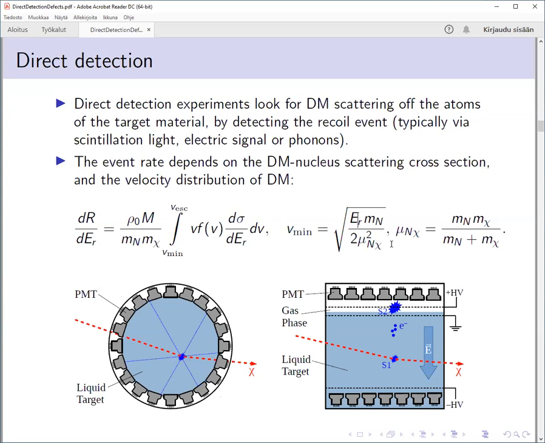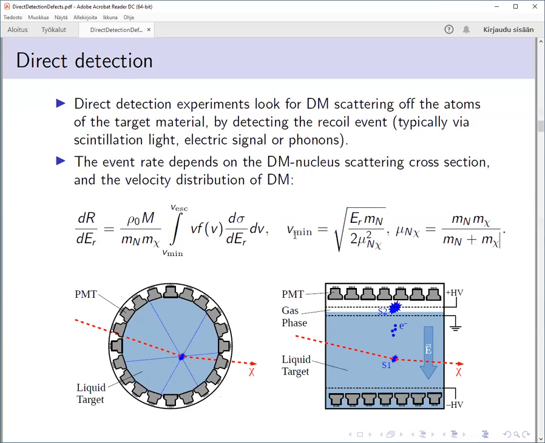this V min again depends on the mass of the dark matter particle. It's hidden here in this so-called reduced mass of the dark matter nucleus system. But if the dark matter is lighter than the nucleus, then this is basically just given by the dark matter mass.